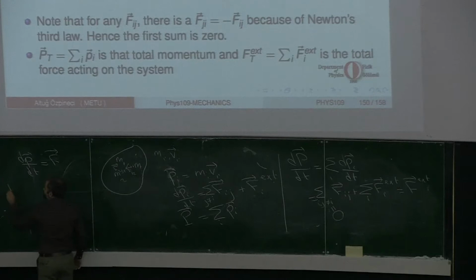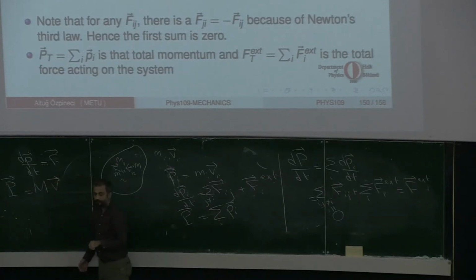Now, the momentum in general, for point particles, we had defined as the mass times velocity. We can repeat the same thing for the total momentum. The total momentum we will define as the total mass of my object times some velocity. This is the definition of the center of mass velocity. Here we are defining the velocity of the center of mass.